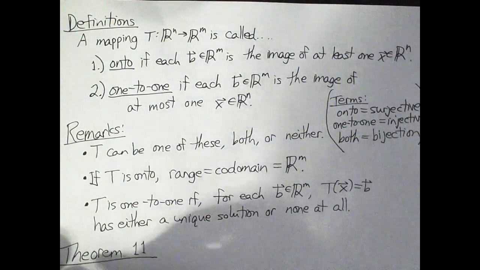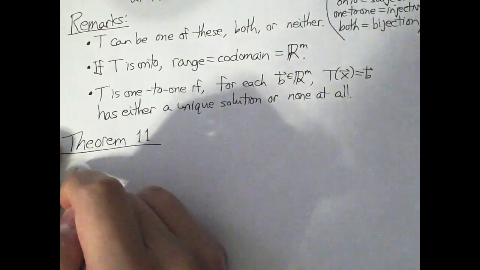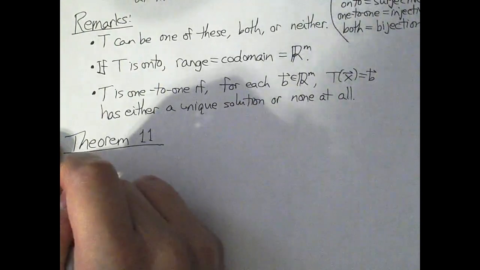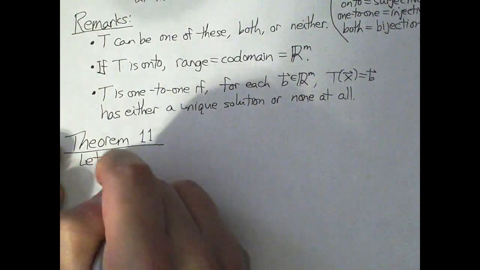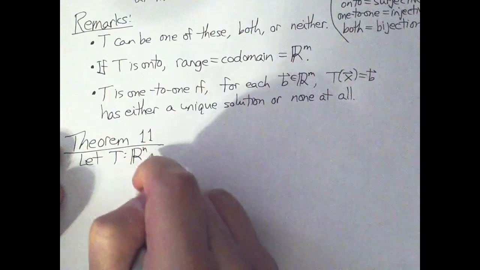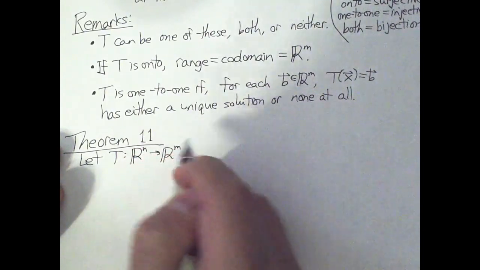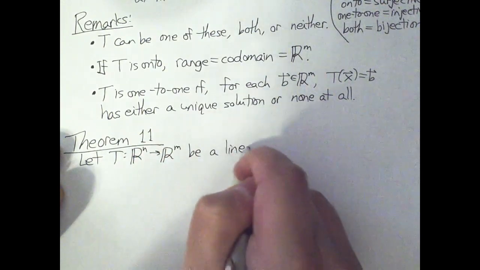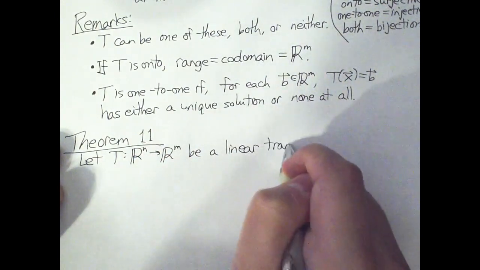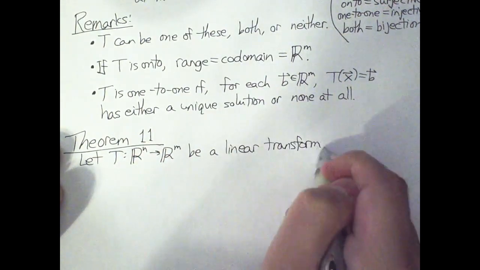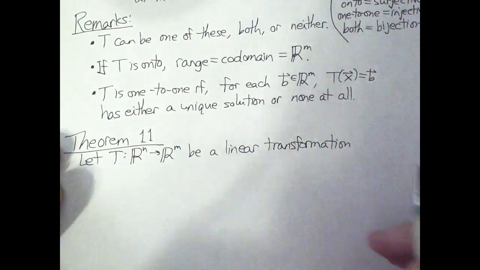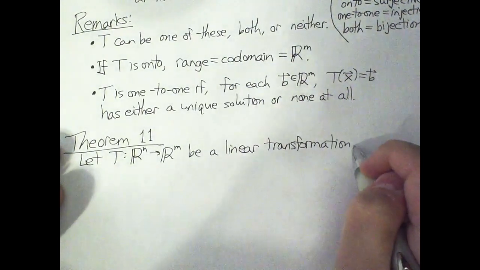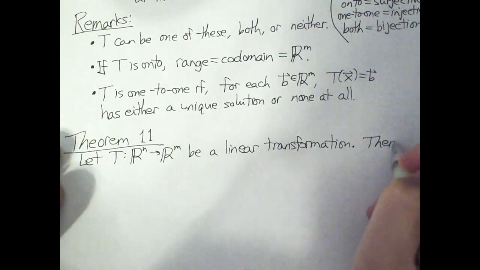Theorem 11, we're also going to prove this one. Let T from Rn to Rm be a linear transformation. Right now we know that everything from theorem 10 applies, in case we need to use that.